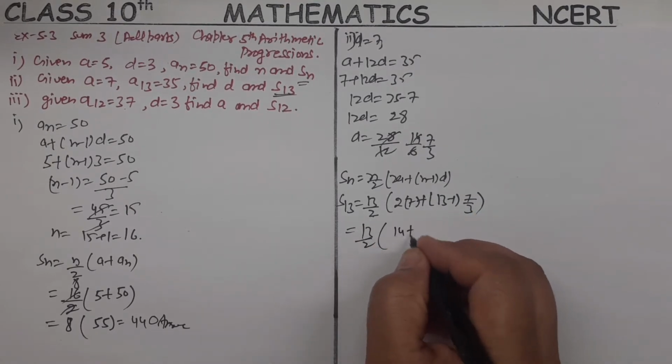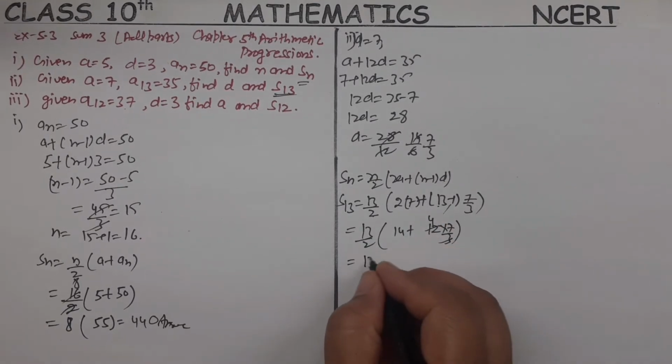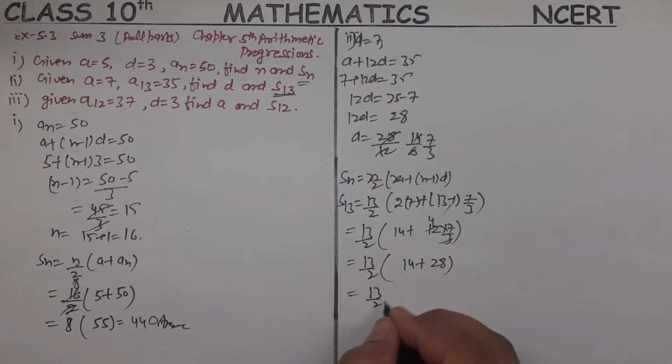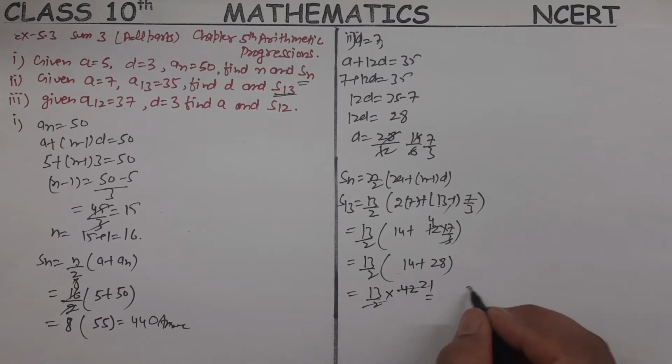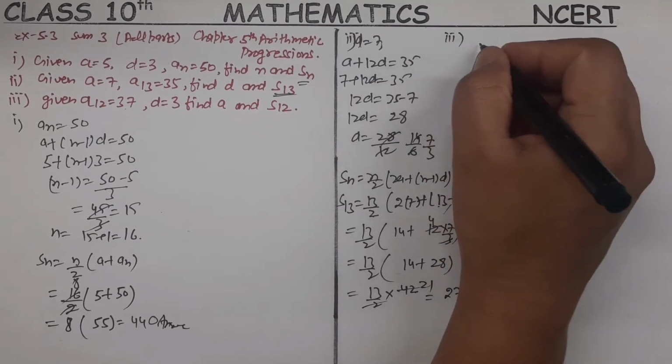Now solving. 14 plus 28, then multiply. S_n is 273.